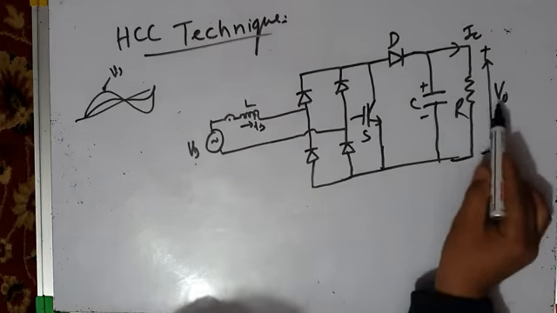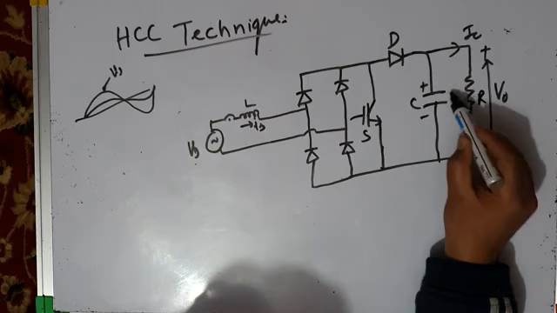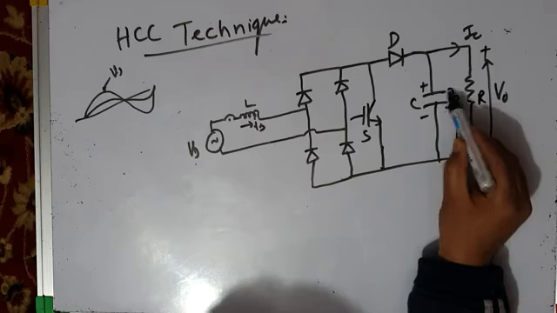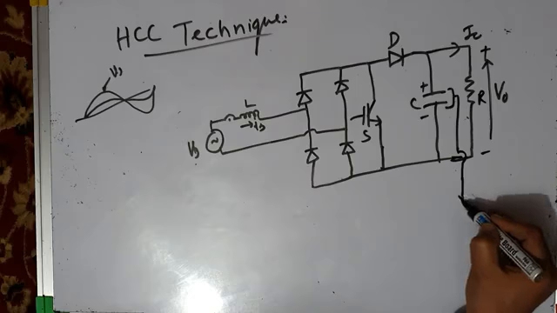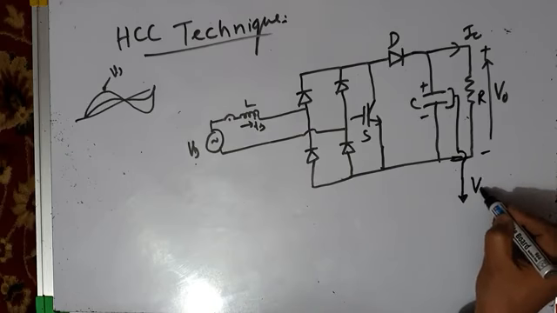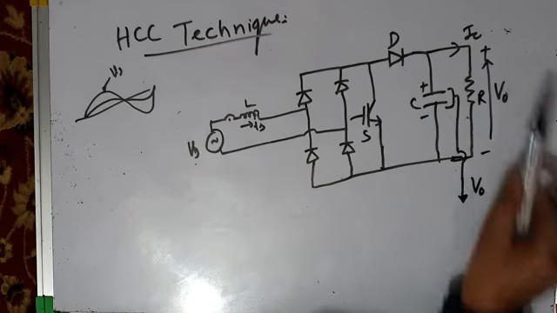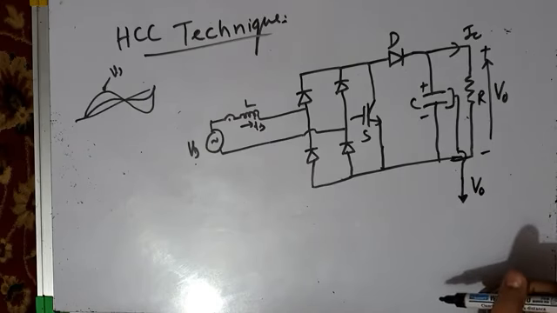Your output voltage is V0, which is the same as the voltage across this capacitor. What we do, we put a voltage sensor across the capacitor. It senses the output voltage, and your output voltage is say V0. So whatever is the voltage across the capacitor, that is your load voltage. So this is the sensed or measured load voltage.